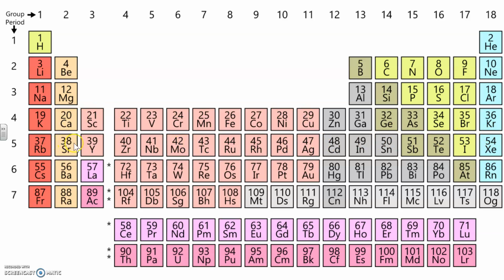That's just saying as we move this way, we are adding 1 proton each time. And when we're adding 1 proton, we are also adding 1 neutron. We are also adding 1 electron. So from Ti to V, we added 1 electron, 1 proton, 1 neutron. We can tell because our atomic number increased by just 1.